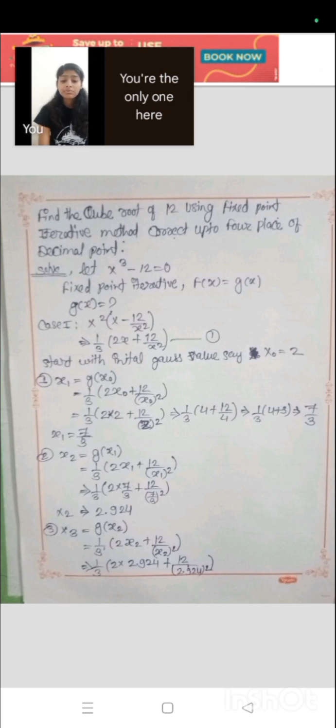Again we iterate: x3 is equal to g of x2. We put the x2 value in the g of x formula, 1 by 3 into 2 x2 plus 12 by x2 square.